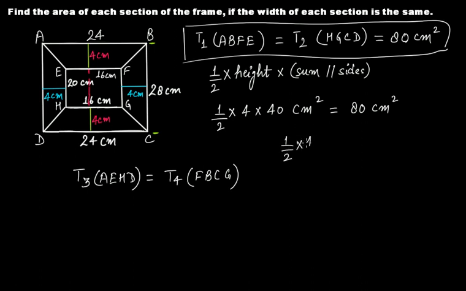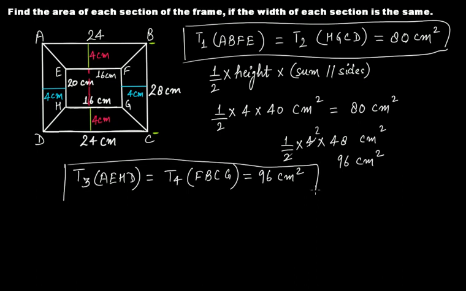Height is the same, that is 4, multiplied by the sum of the 2 parallel sides, that is 28 plus 20, that is 48. Right? Centimeter squared. If you solve it, you'll get 96 centimeter squared. So the area of these 2 trapeziums will be 96 centimeter squared. So we have calculated the areas of each of these trapeziums.